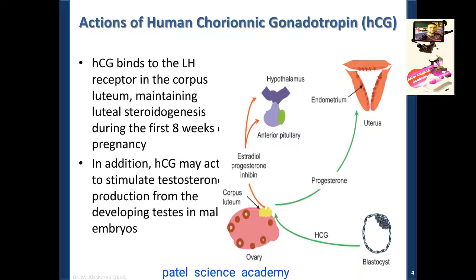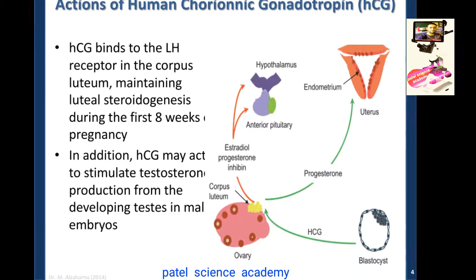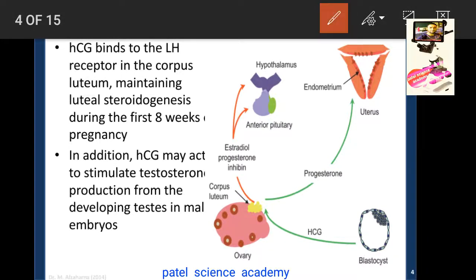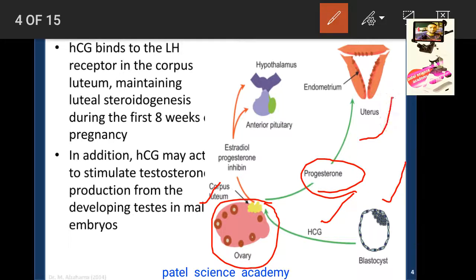So dear students, in this ovary you can see the changes. This is the ovary and this is its corpus luteum. So what is the role during the blastocyst stage? hCG stimulates the corpus luteum to secrete progesterone, and it maintains the pregnancy by bringing about changes in the endometrium wall.